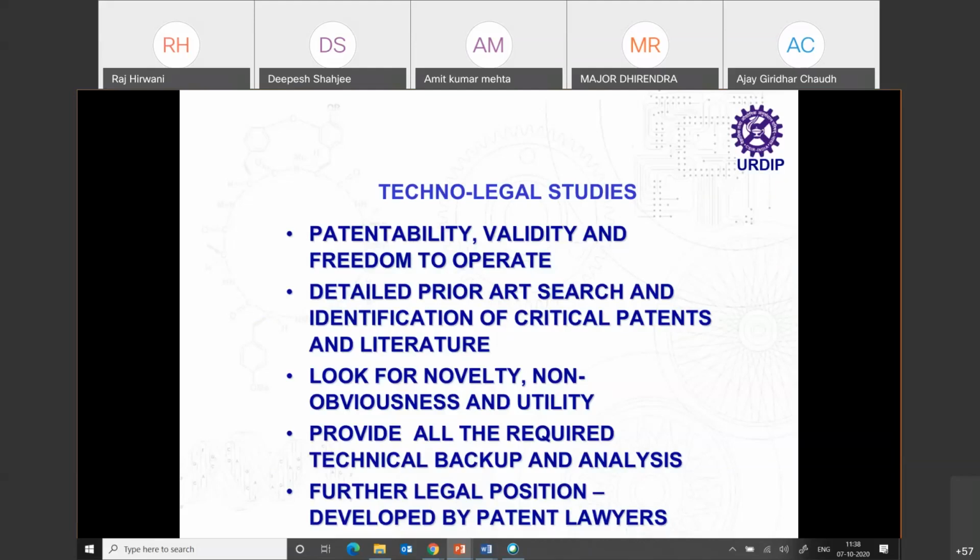Patents are issued on the presumption that they are valid. The validity of the patent can be challenged anytime during those 20 years. All these pharma fights which you read in the newspaper, Ranbaxy versus Pfizer, Lupin versus Merck, Cadila versus somebody, all these are validity fights.